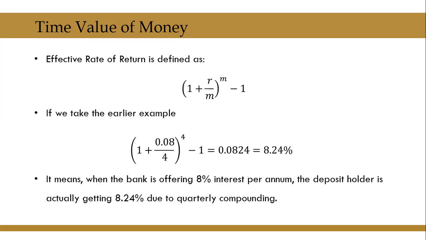Compounding may happen at more intervals, but offered rates are always on an annual basis. Nobody says 1% per month or 2% per quarter, nothing like that. It always says 8% per annum, 8.25% per annum, 9% per annum. That is how interest rates are quoted by the investment firms.